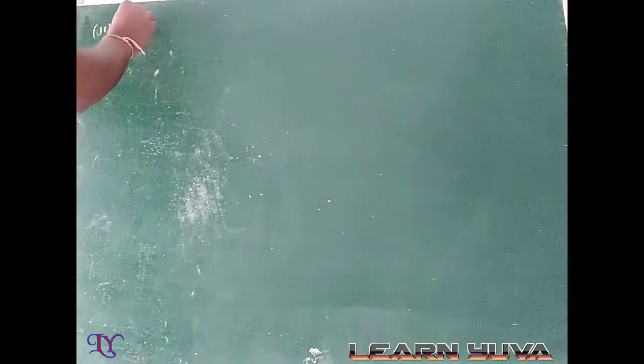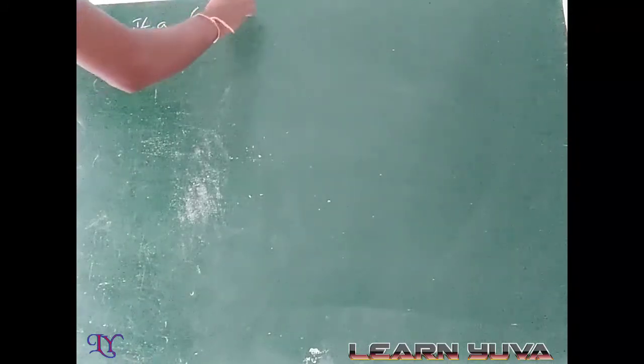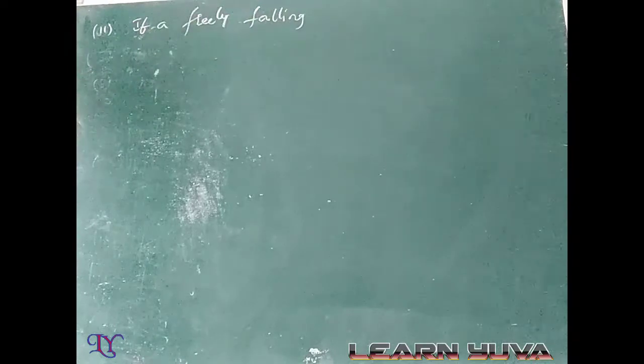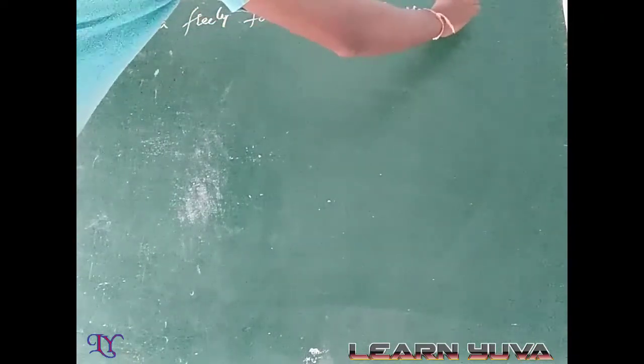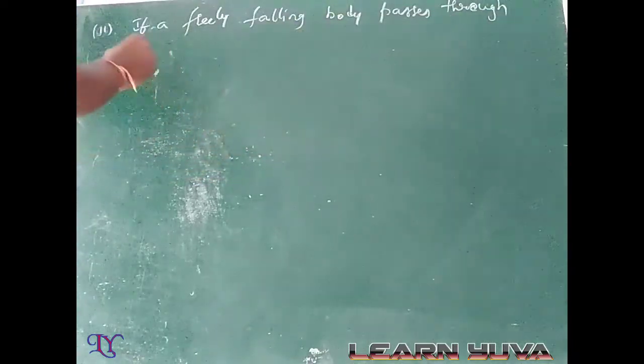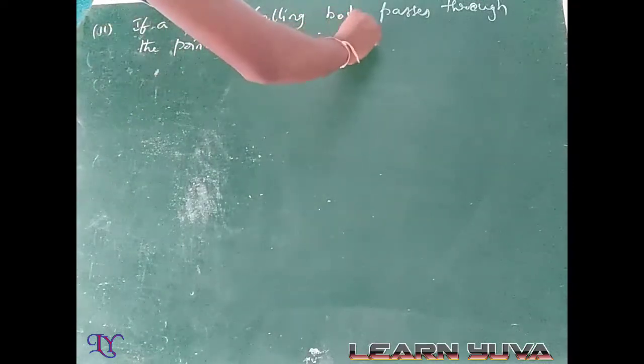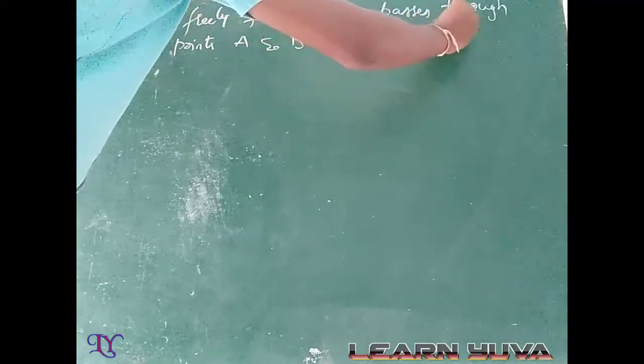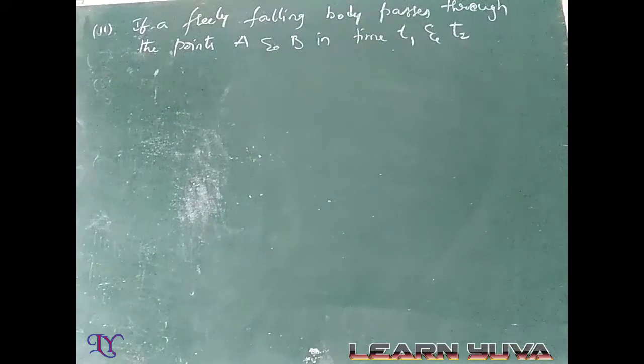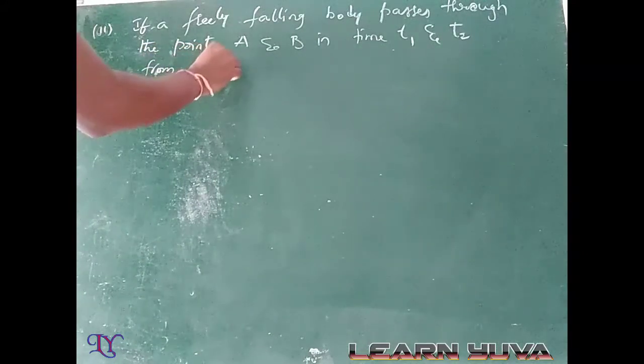If a freely falling body passes through the two points A and B in times t1 and t2 from the start.